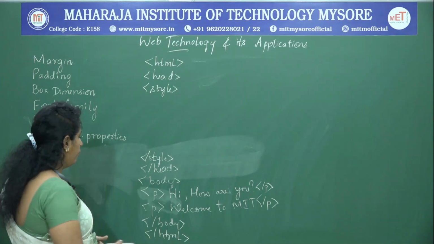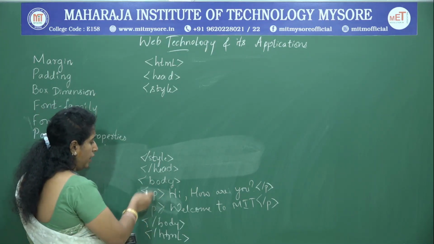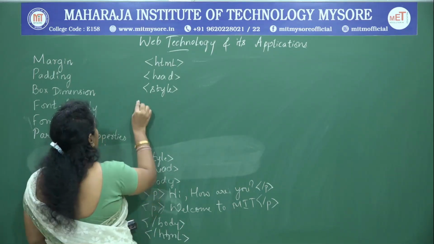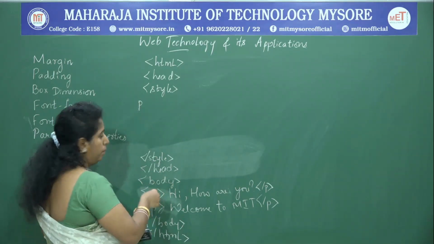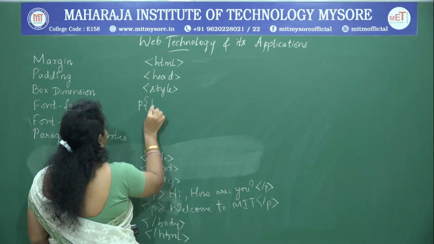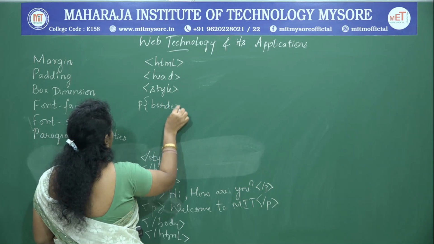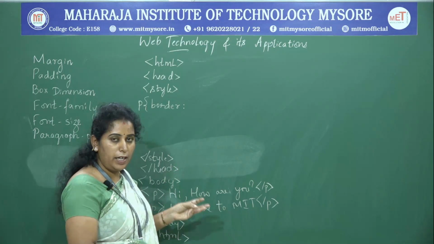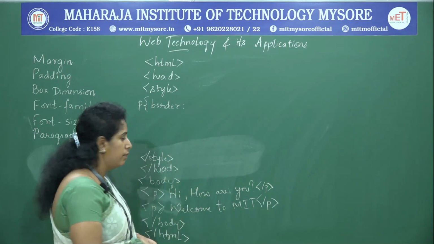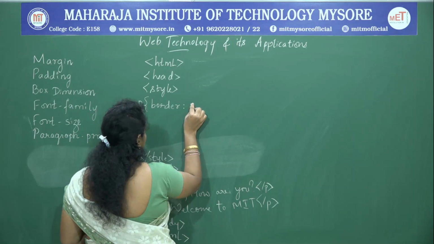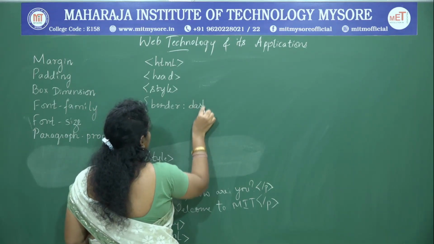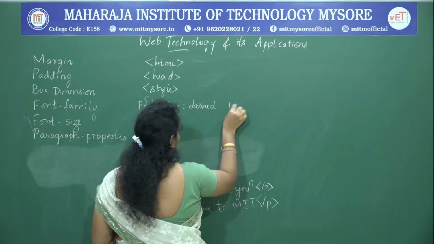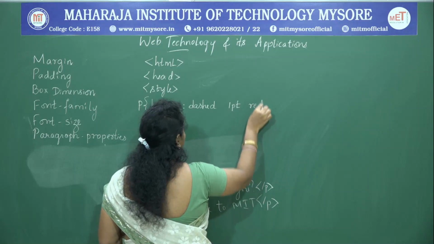Now I have to give a style to a body, or else I can give a specific style for a paragraph. So I will give style to a paragraph only. So now I am using a property border. So border has three properties: border style, border width and border color. So I am giving border style as dashed, then border width as 1 point and border color as red.